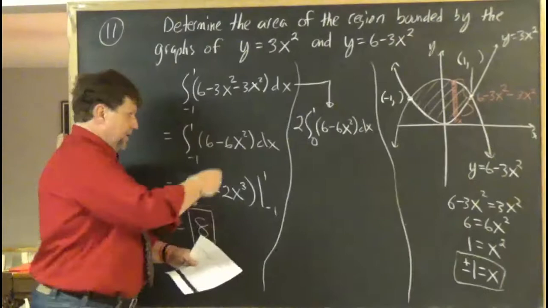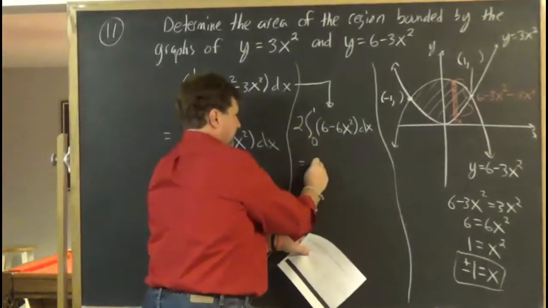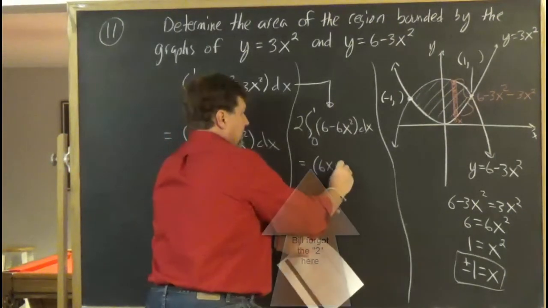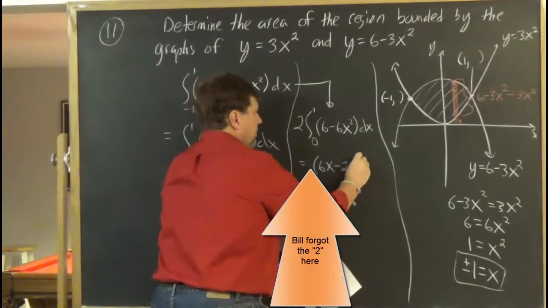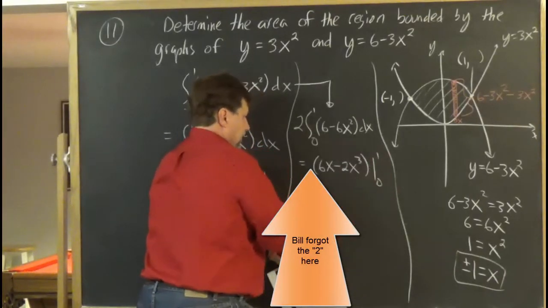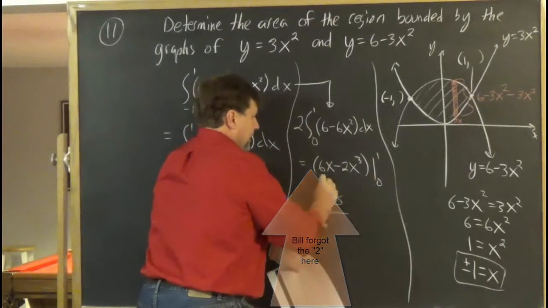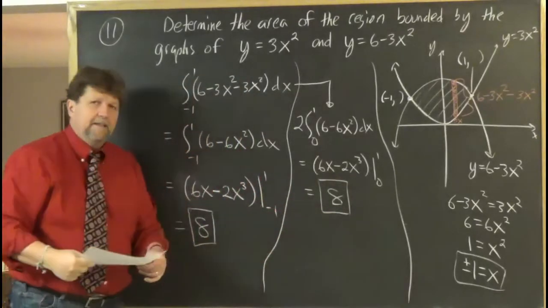You're going to get the same antiderivative, 6x minus 2x cubed, from 0 to 1, and you're going to get the same value. You're still going to get 8.